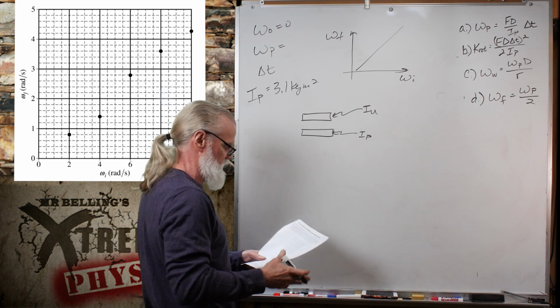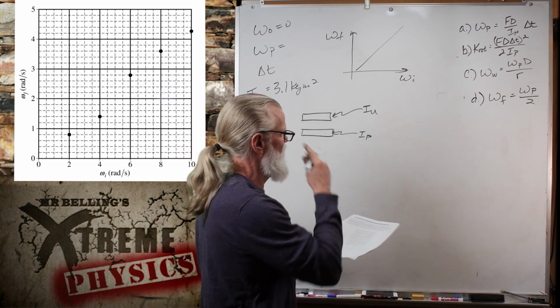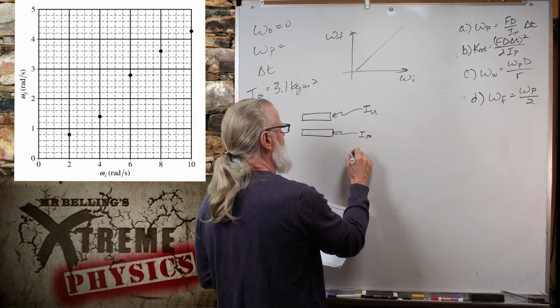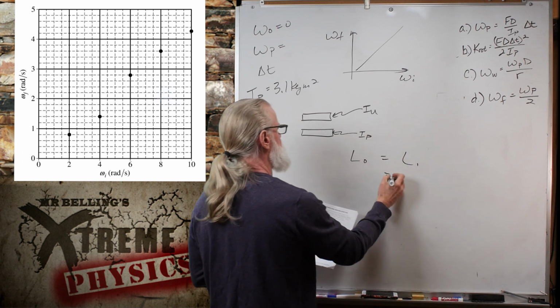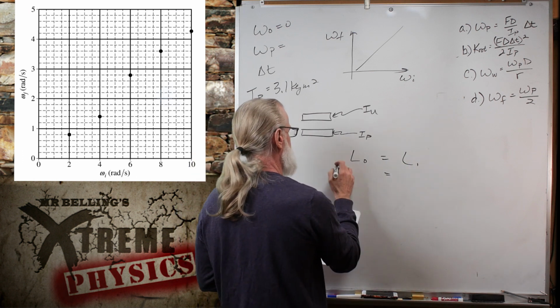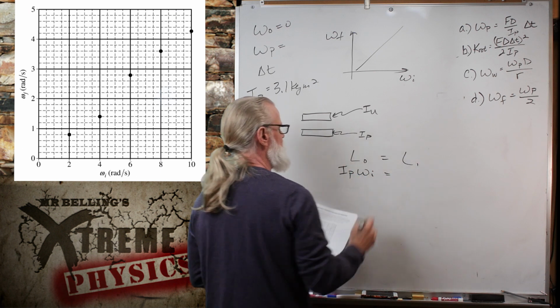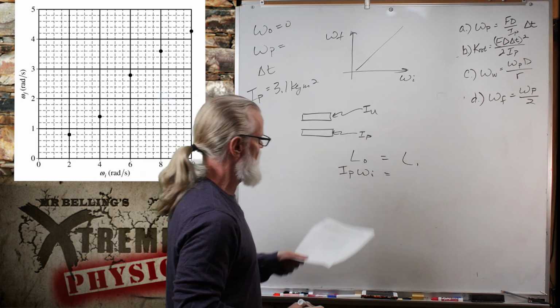All right, I think we're going to use conservation of angular momentum again. So we're going to say that the angular momentum before equals the angular momentum afterwards. Beforehand, we had IP omega initial. That's the angular momentum before. That's the only thing. And then we drop this thing on top of it.